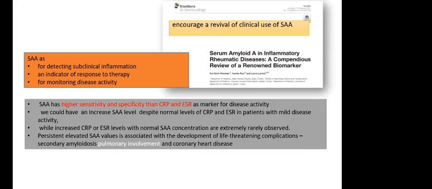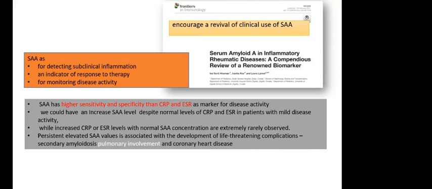There is an article published in 2020 that encouraged the use of serum amyloid level for detecting subclinical inflammation, as an indicator of response to therapy, and for monitoring disease activity. I tried to summarize some observations from this article.